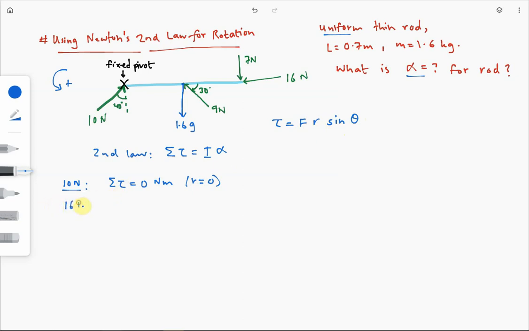Similarly, for the 60 Newton force, which is a horizontal force, the torque due to the 60 Newton force is also 0. But in this case, the reason is a little bit different. The 60 Newton force is a horizontal force, and here we have the fixed axis right here.